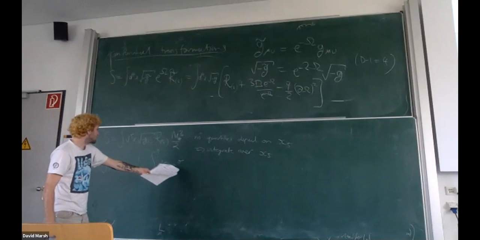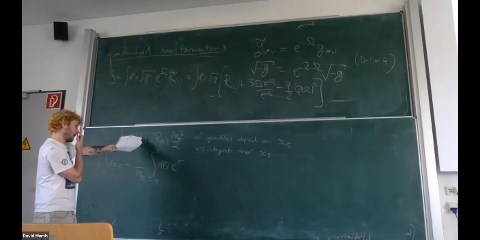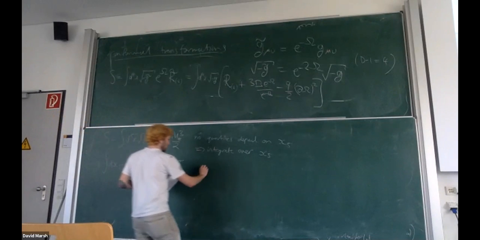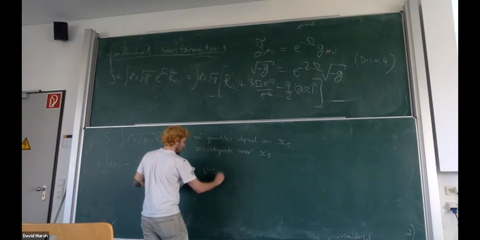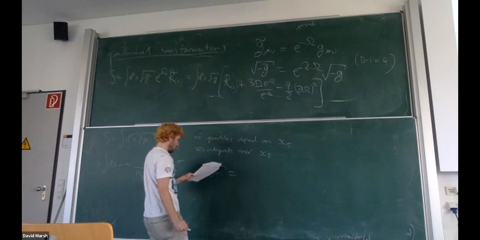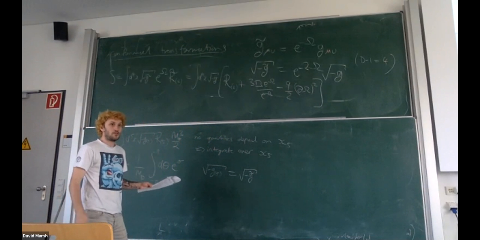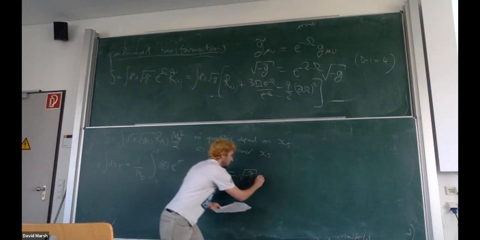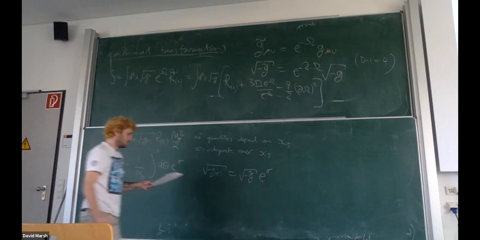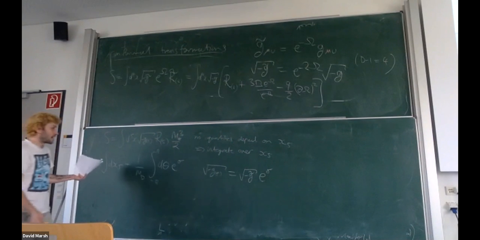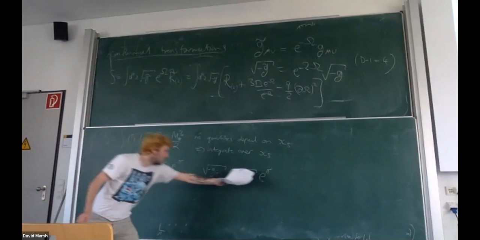I substitute this in, and I note also that square root minus g5 is equal to square root minus g tilde, my metric just in the four large dimensions, times e to the sigma. So I need to get my factors of e to the sigma right. I'm going to get one from here and one from here.